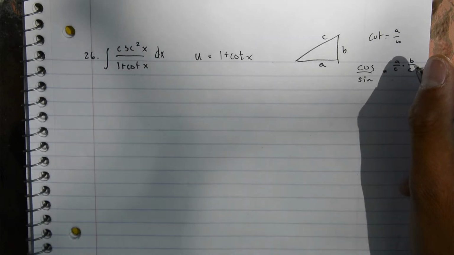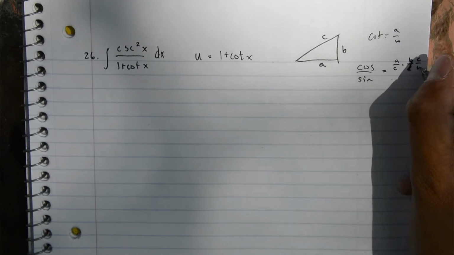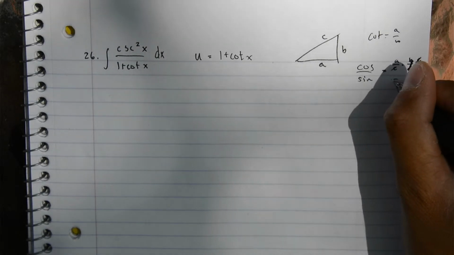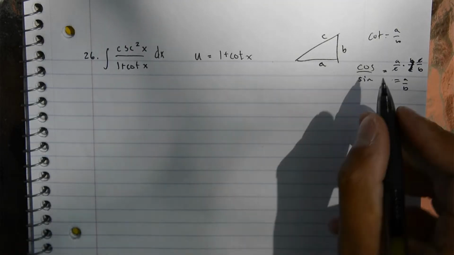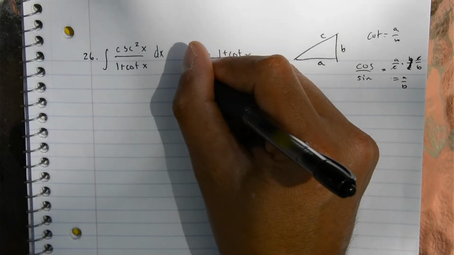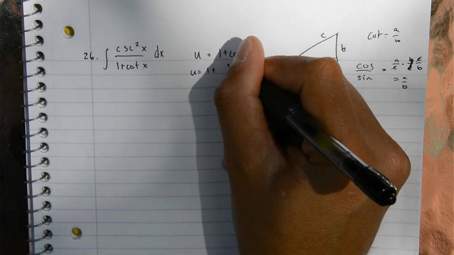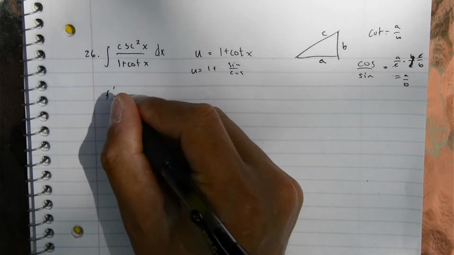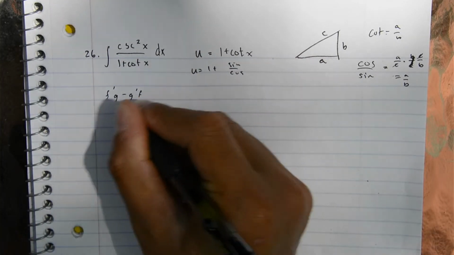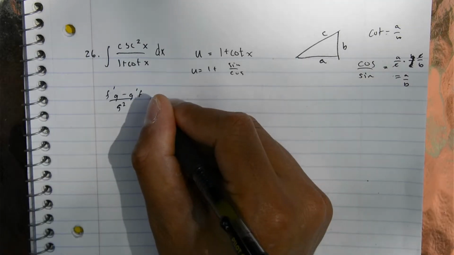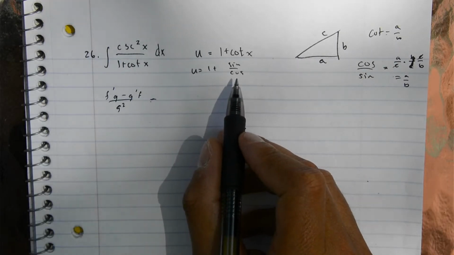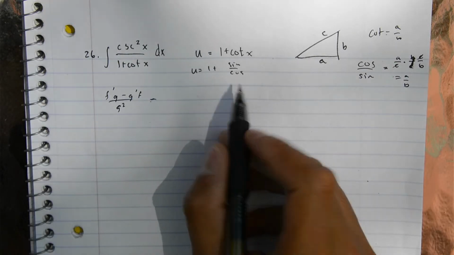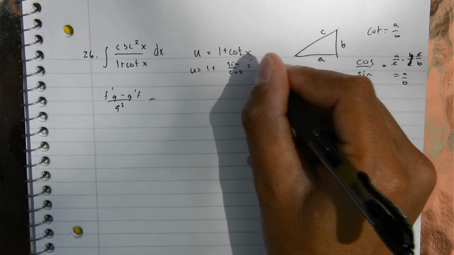Wait. C over b is equal to a over b. Okay, great. So this is sine over cos. So u is equal to 1 plus sine over cos. And I'm pretty sure, so now we can just do f prime g minus g prime f over g squared. And that gives us, so this is equal to f over g.